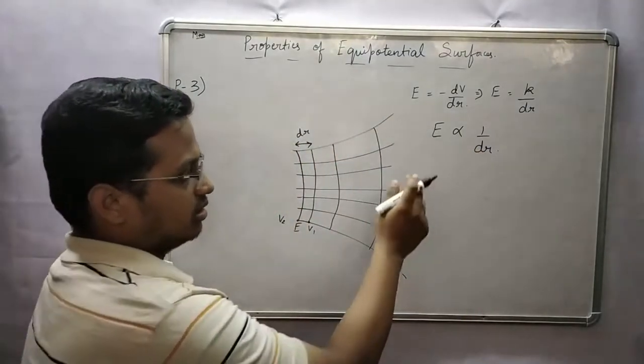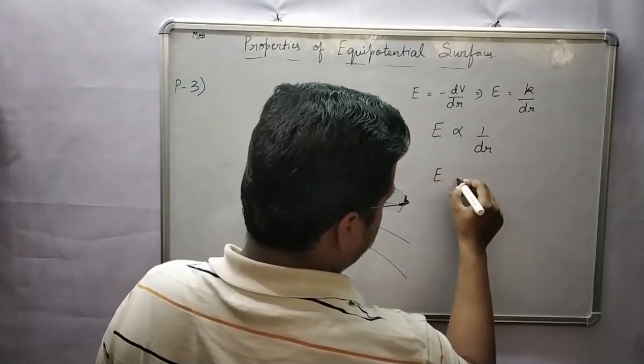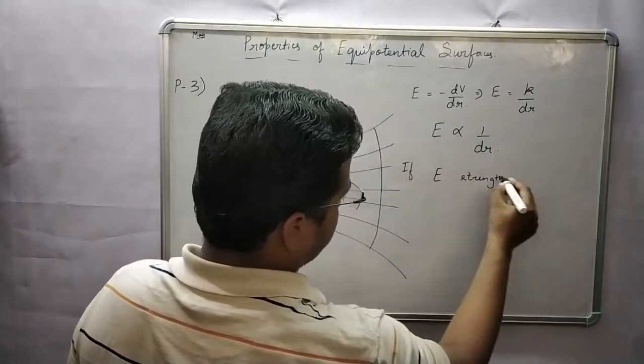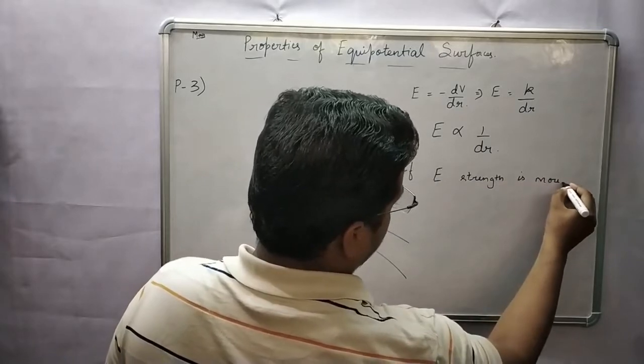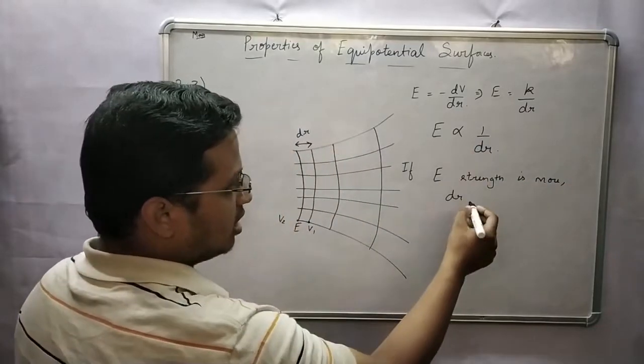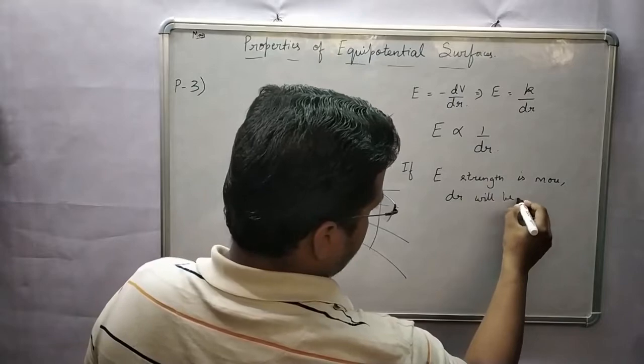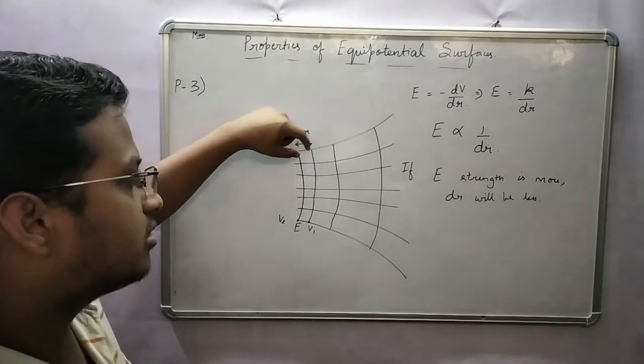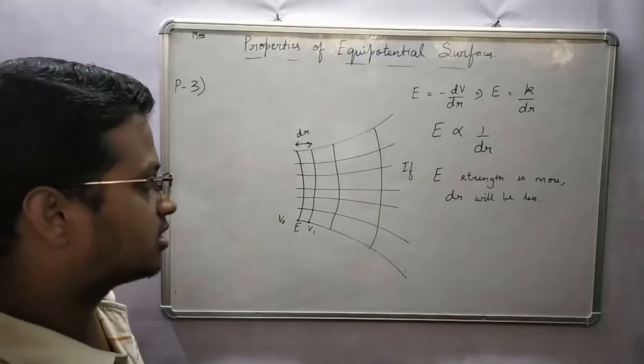So in a region where electric field strength is more, what will become of dr? Dr will be less. And if you remember, dr was the spacing between equipotential surfaces.